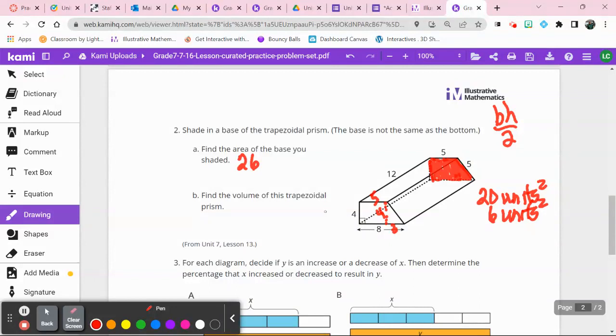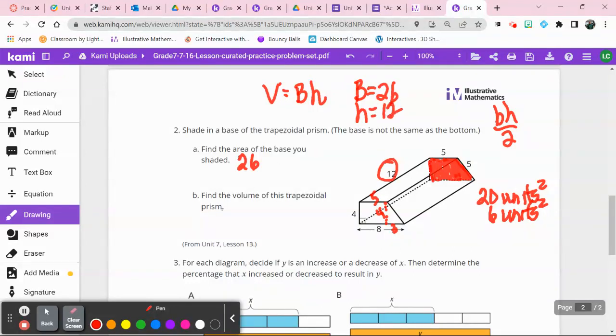Now it wants the volume. Volume equals the area of the base times height. You already have the area of the base right there. Height of this box is the line that connects the two trapezoids.